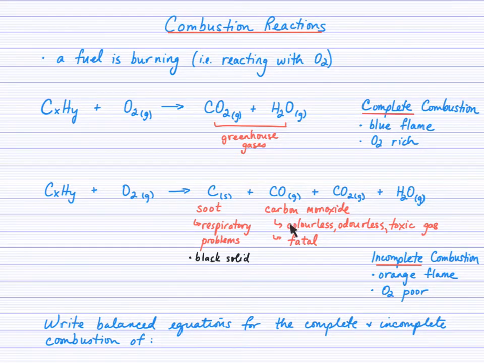And if they're not removed to an oxygen-rich environment, then they risk actually dying. So definitely we prefer complete combustion, and if you do have a gas burning appliance, then it needs to be vented to the atmosphere so that any CO that is produced does get vented to the outdoors.